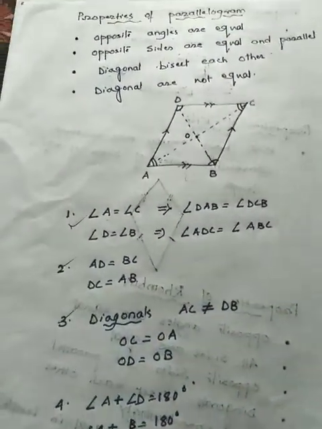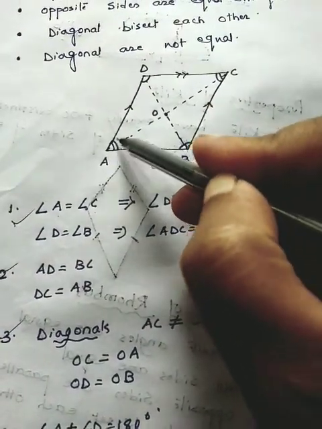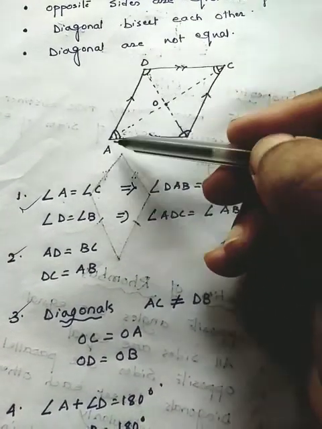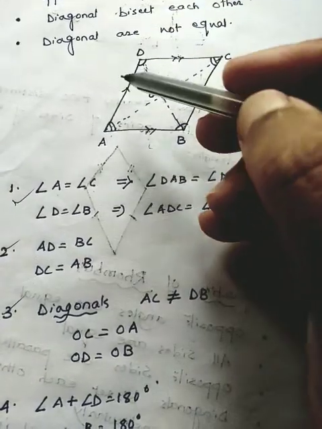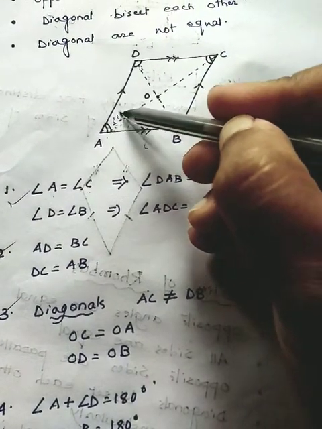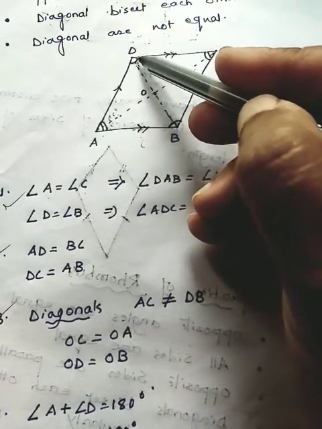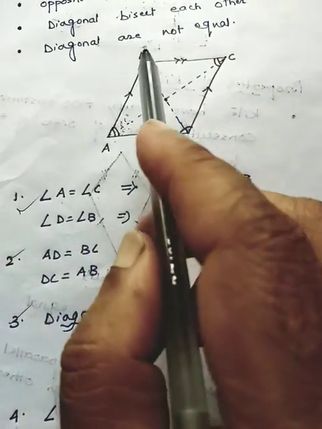Now the fourth point, which is very, very important. Suppose these two angles are called adjacent angles. Suppose this angle is given as 60 degrees, and they have asked what is the measure of this other angle, then how do we find it out? You must have learned something about parallel lines.